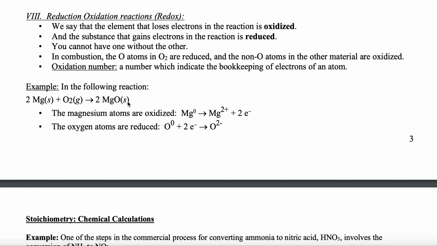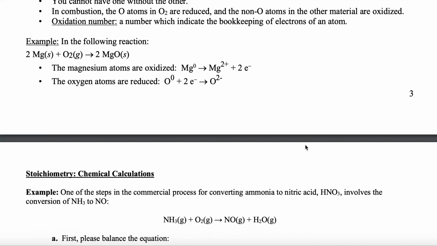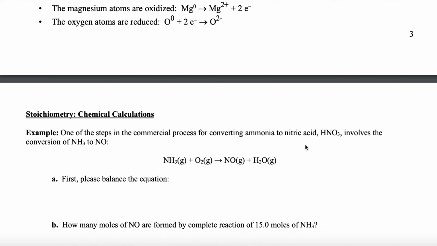But when making a compound with oxygen, magnesium is +2, we write 2 plus, and oxygen is -2. So magnesium goes from 0 to +2, we call that oxidation or oxidize. Oxygen starts out with 0, becomes -2, and we call that reduction or reduce. All right, so that's good enough for reaction types.